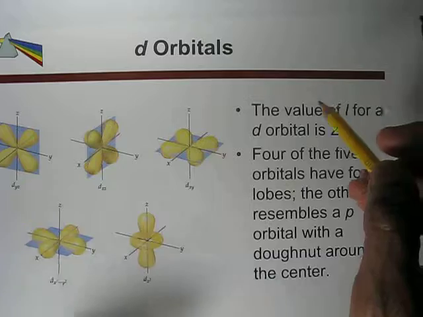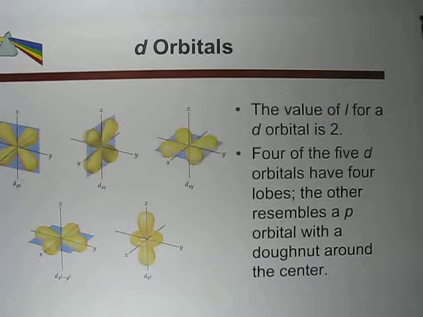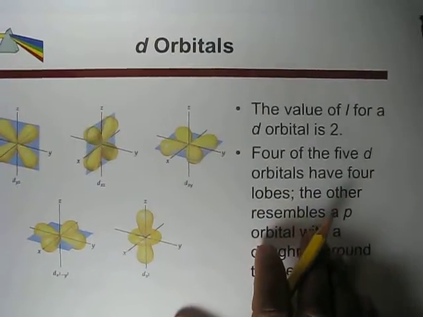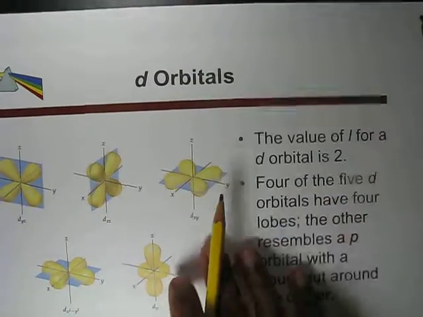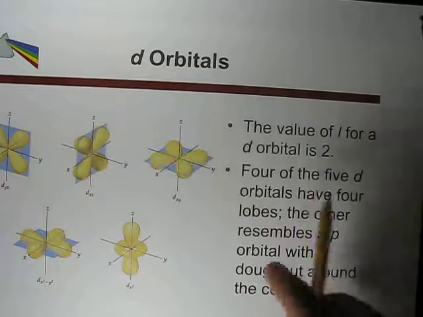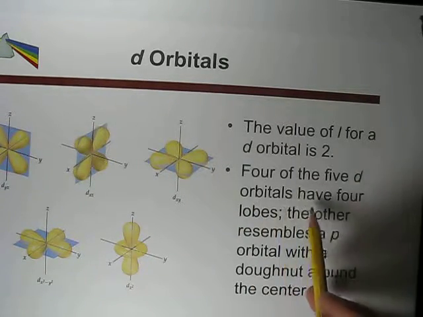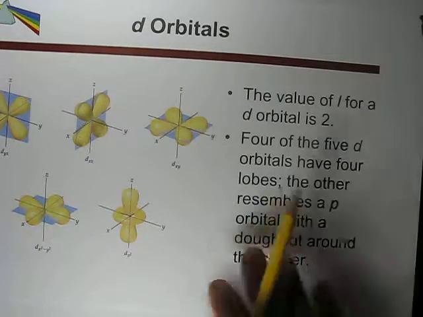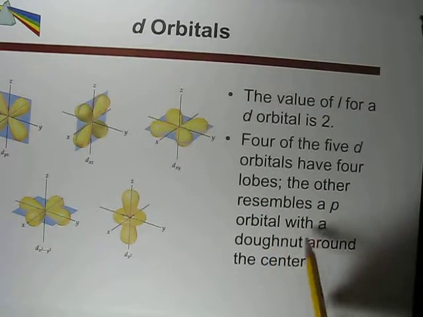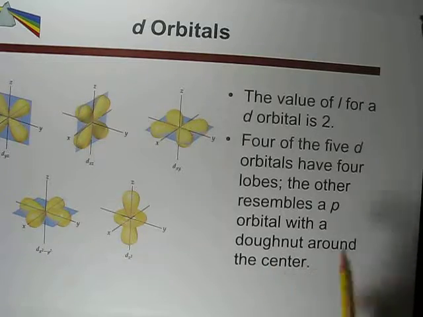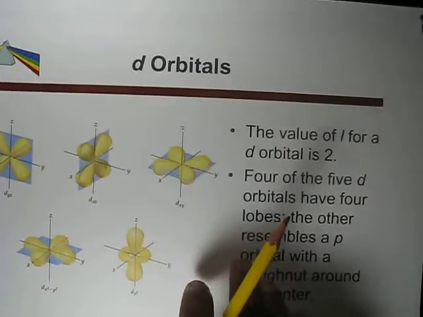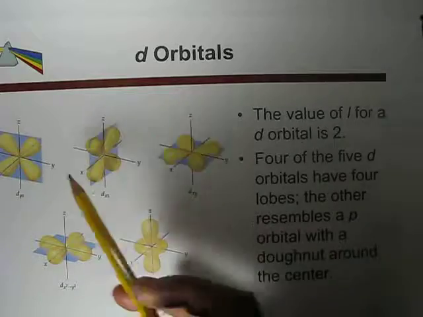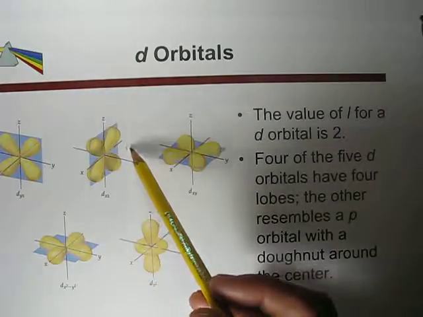Third type of orbital is the d orbital. For the d orbital the value of l is 2, and 4 of the 5 d orbitals have 4 lobes. The other resembles a p orbital with a donut around the center. So you can see the d orbitals are double dumbbell shape.